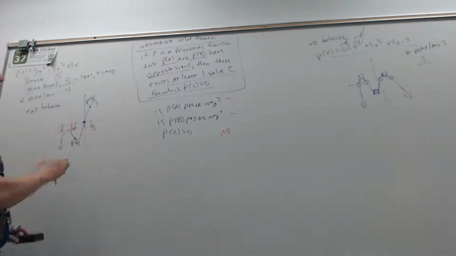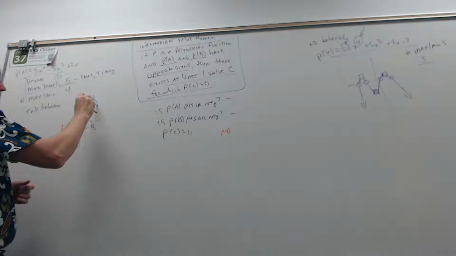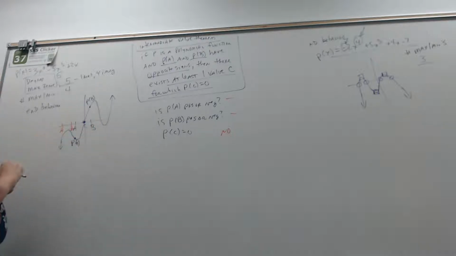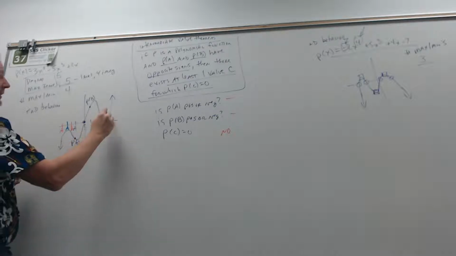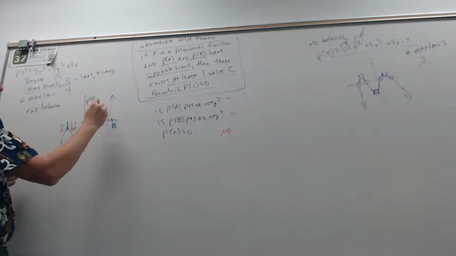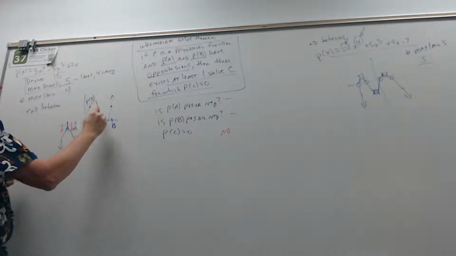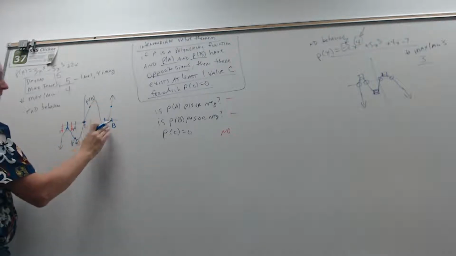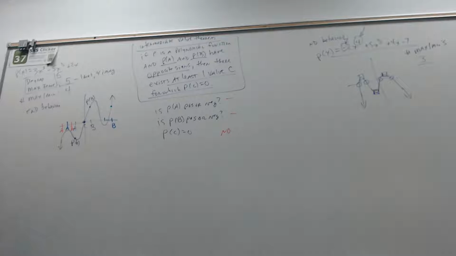The idea here is you want your A and your B to be close together. Now that I've changed my graph, this is A, this is B, this is negative, this is positive. There exists at least one, and in this case, there's more than one, right? There's 3.